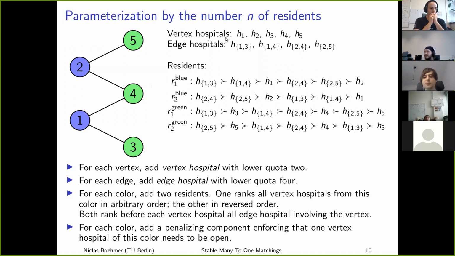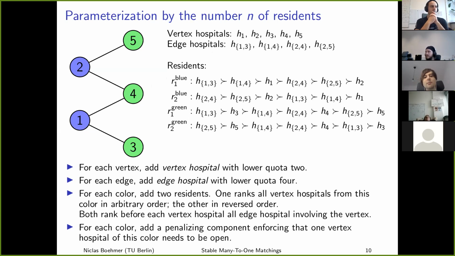This means, because we need to open at least one vertex hospital for each color, that also exactly one vertex hospital for each color is open, because the number of residents simply does not suffice to open more than one vertex hospital for each color. And also that all edge hospitals need to be closed. For the edge hospitals, we simply don't have any residents to open them.